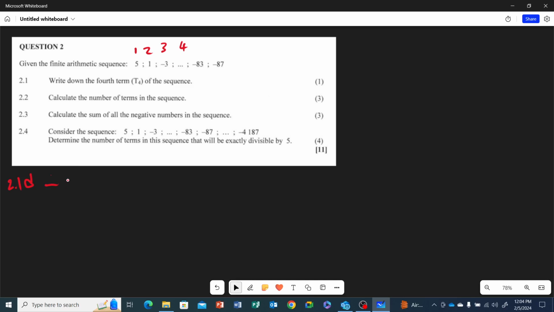Please forgive me about that. Yes. So D is equal to 1 minus 5, which is equal to minus 4. All right. So now we know that D is equal to minus 4.